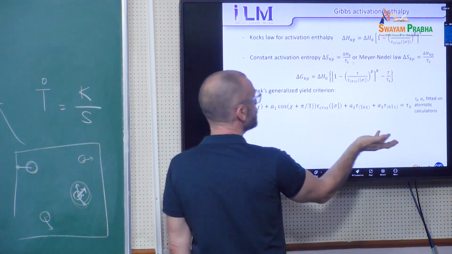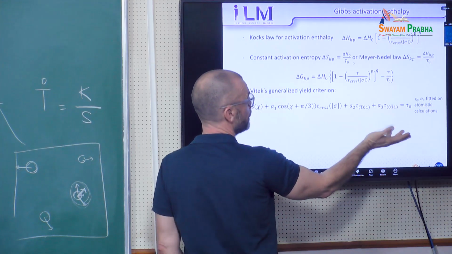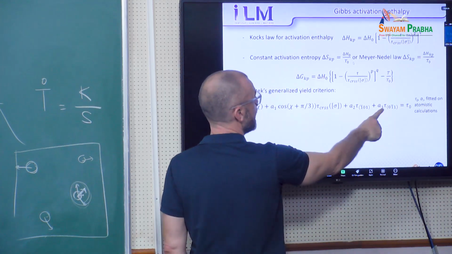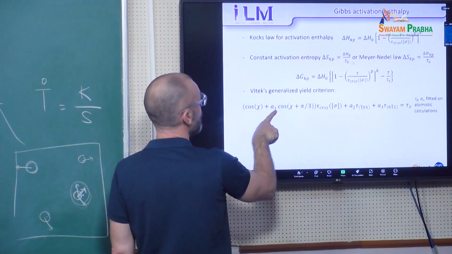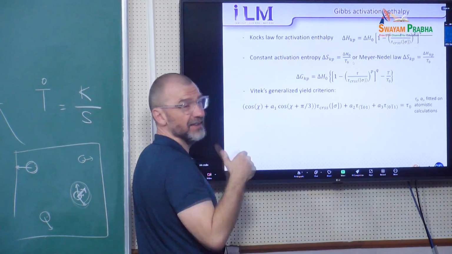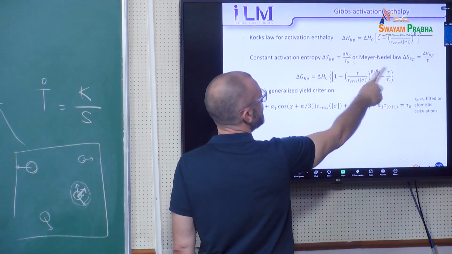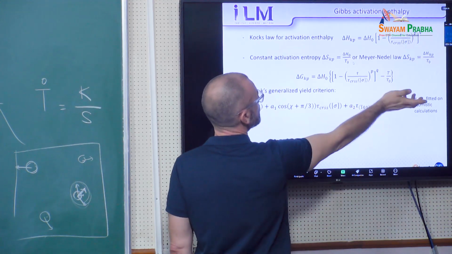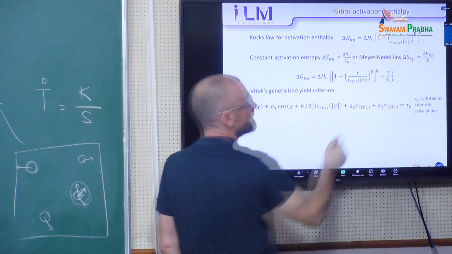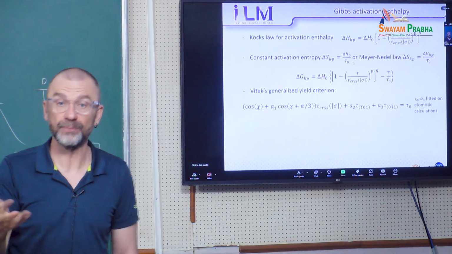And so here you introduce phenomenological parameters, this tau here, this a3, a2, there's an a1 hidden here. And there are other parameters, right? There's H0, p, q, T0, that's about it. So you have a number of parameters.